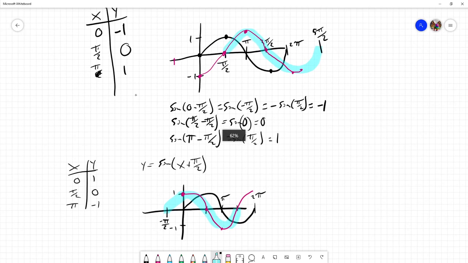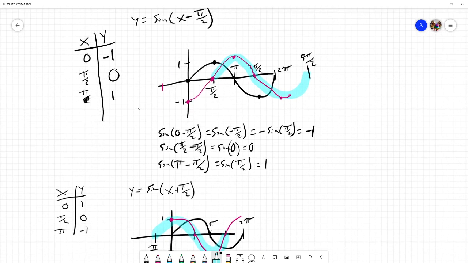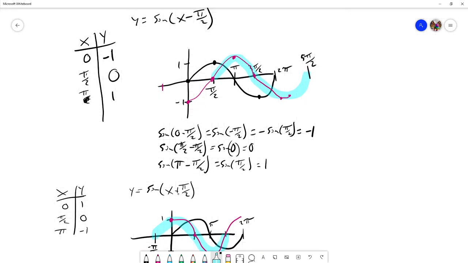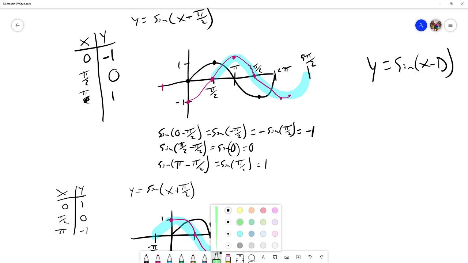So when we compare both of these graphs, here we had a minus, here we had a plus. The key takeaway is this. When we see the negative here, we really actually want to think of that d value as being positive. So remember we said what happens when we have x minus d. So reality is we have a minus sign right here.